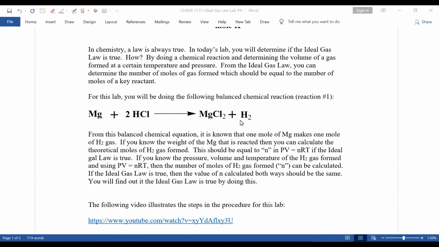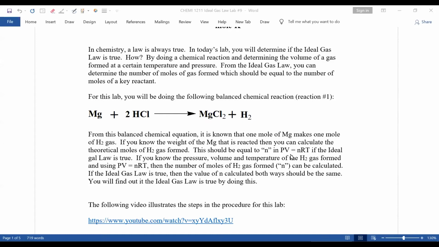If I have grams of magnesium, I can divide it by the atomic weight and get moles of magnesium. Therefore, I know theoretically how many moles of hydrogen I have. So if the ideal gas law is true, the theoretical amount of hydrogen formed based on this reaction should also be equal to n in PV equals nRT.